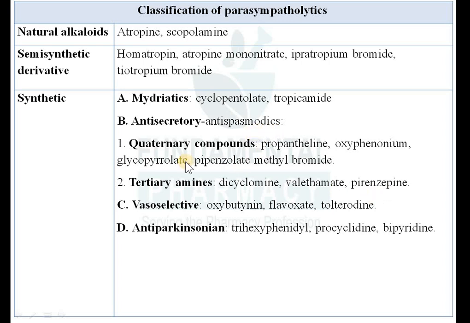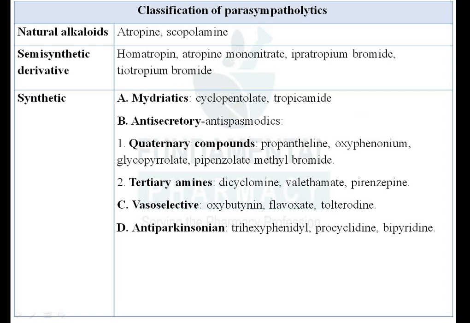They are roughly called parasympatholytics, but actually they are muscarinic blockers, not nicotinic blockers. Broadly, parasympatholytic means any drug which can block muscarinic as well as nicotinic receptors. That is the idea normally, but it is not like that here. By the term parasympatholytic, it should block both, muscarinic plus nicotinic. But the parasympatholytic drugs we discuss are mostly muscarinic blockers.